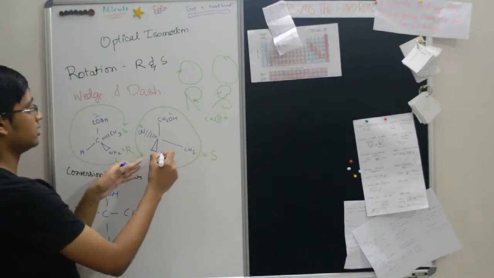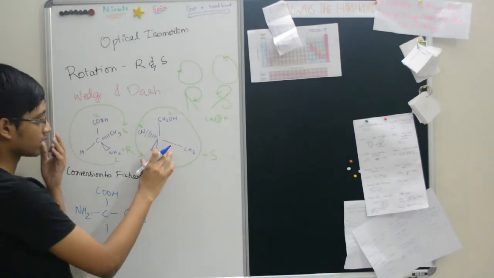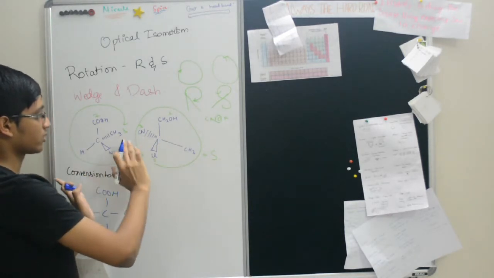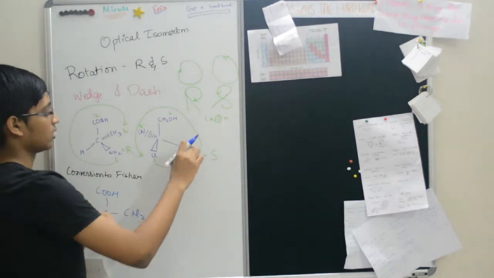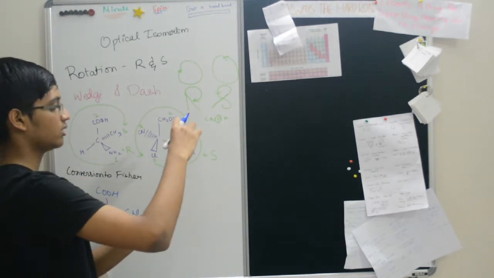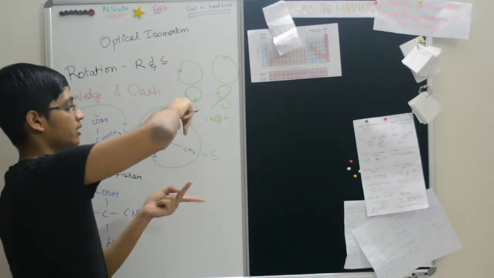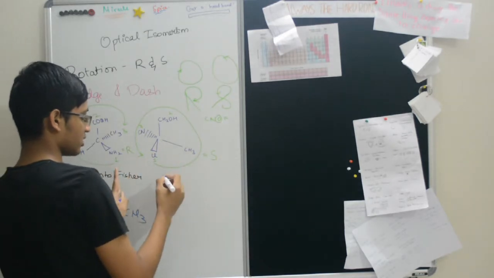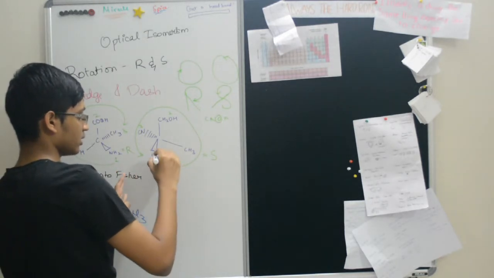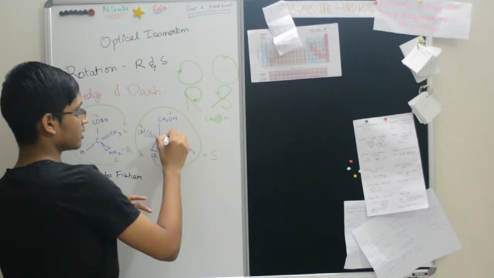However, for this you can see that the chlorine is on the wedge, but it's to the left, the wedge is to the left. You need to get this chlorine over here. And how do you do that? You basically do that by taking the compound and rotating it. So the chlorine is in the wedge, it's in the bottom right. You should rotate this in such a way that this will go to the back and it will have the dash.